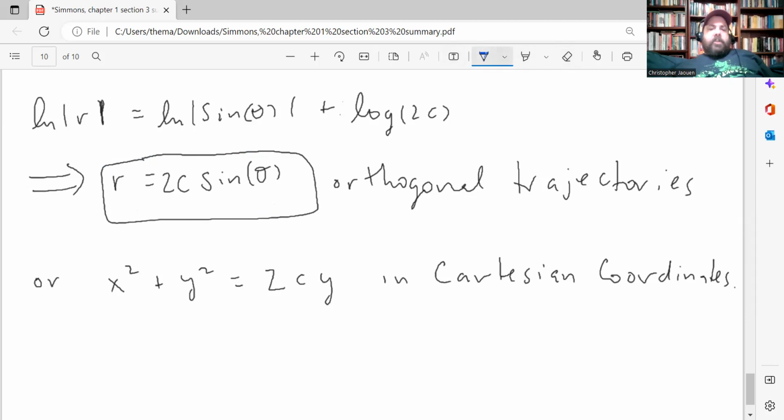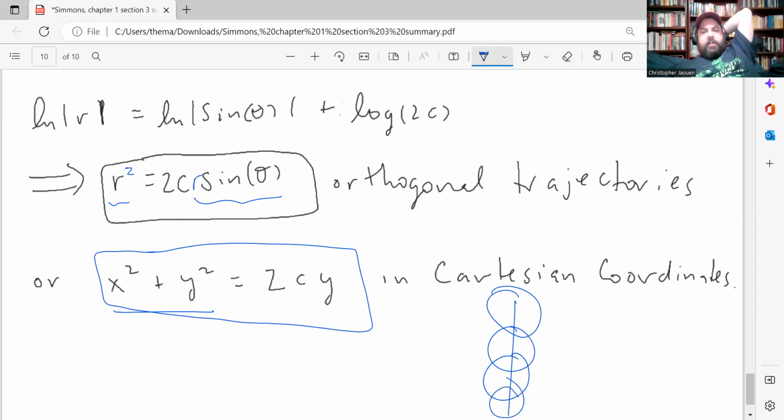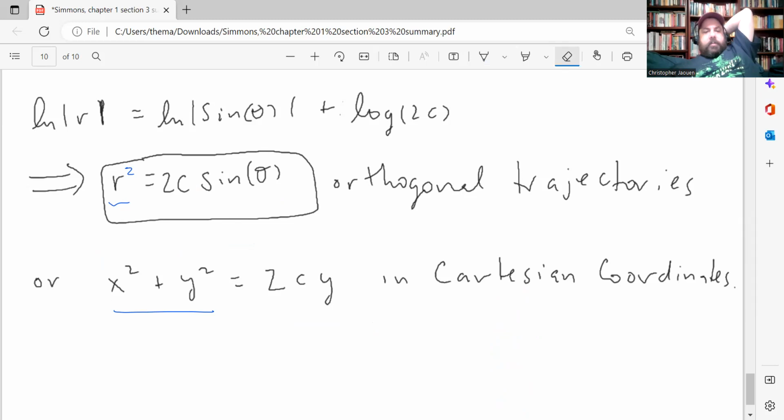If you want to turn it back into Cartesian representation, you can multiply this through by r, so you'll end up with r squared equals 2c r sine theta, and remember this is x squared plus y squared, and this is y, so you end up with the Cartesian equation for the orthogonal trajectories, which are circles that lie along the y-axis as opposed to along the x-axis. All right, so those are the orthogonal trajectories using the polar representation.